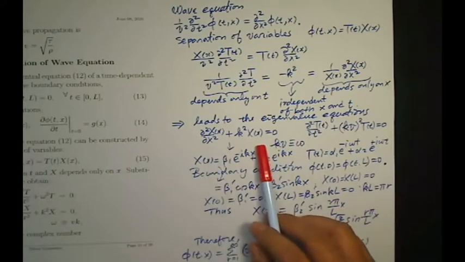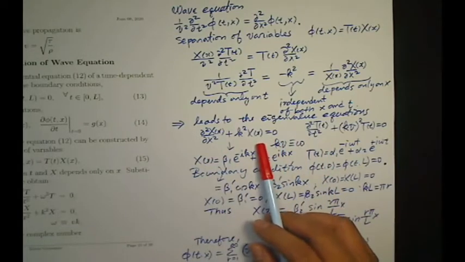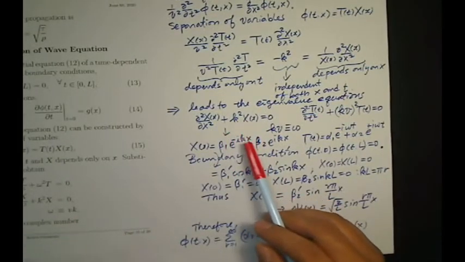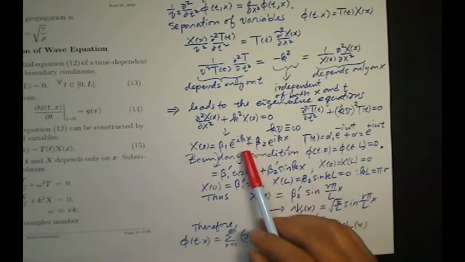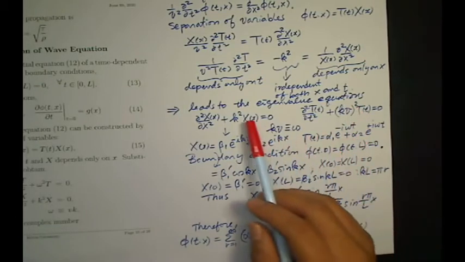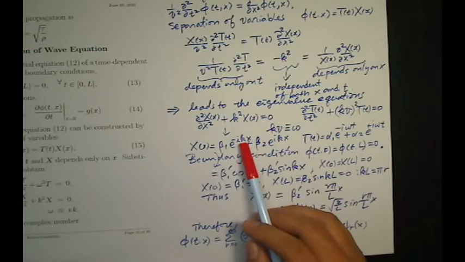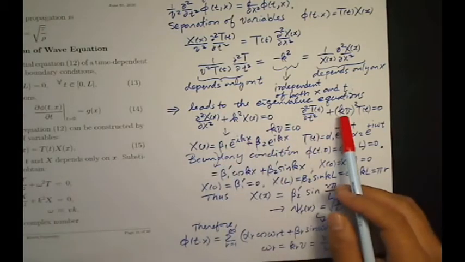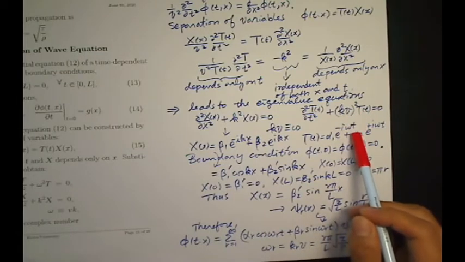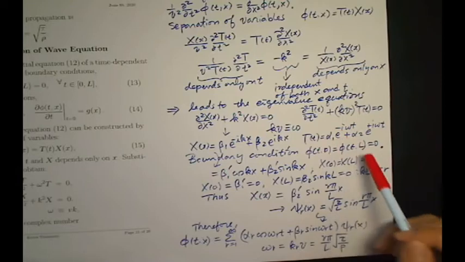And this is the same as the harmonic oscillator problem, a second order differential equation, and the solution will be a function of X. The solution of this will be a function of T. And K is the wave number in this problem, and KV becomes the angular frequency omega for the time variation.